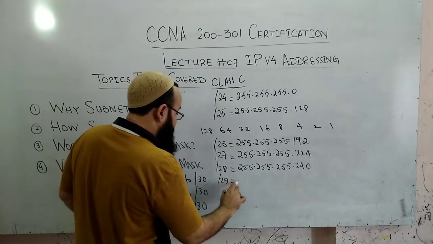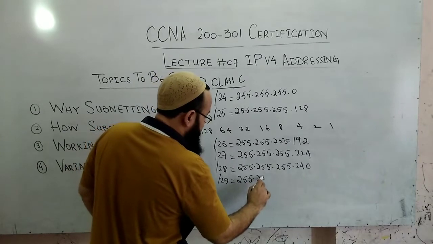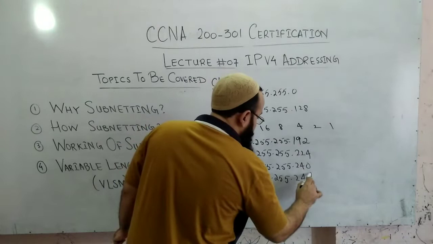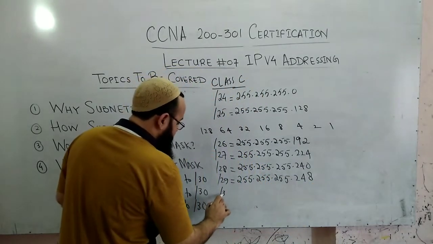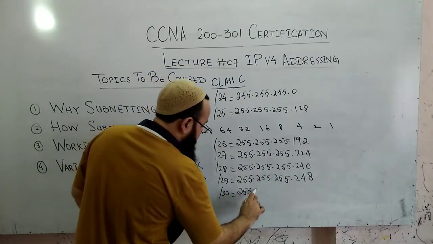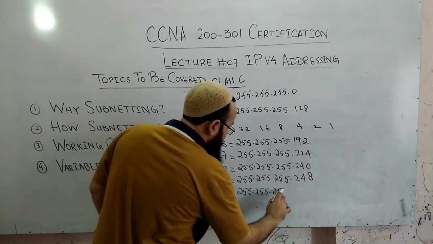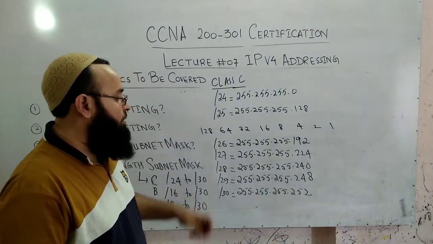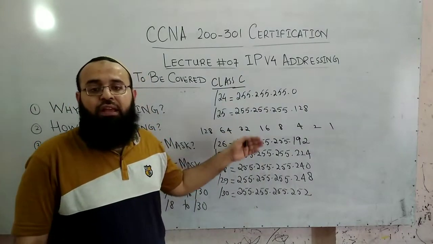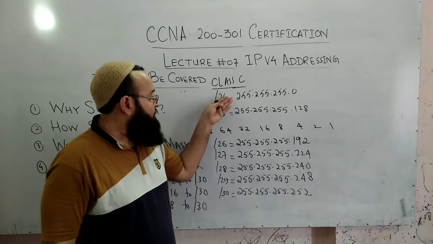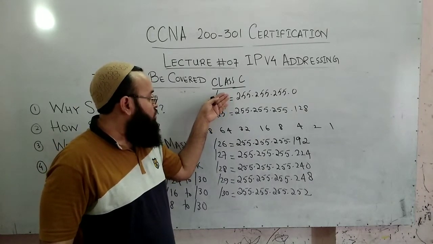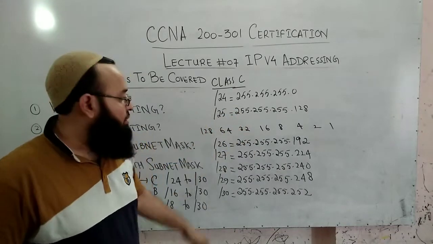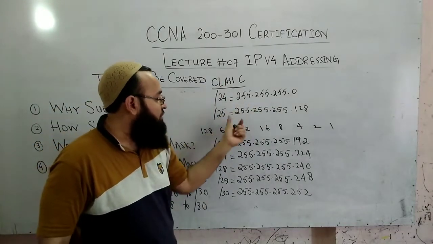Similarly, /29 is 255.255.255 and adding this 8 becomes 248, and /30 is basically 255.255.255 and finally 252. And I have told you earlier that /31 and /32 are not possible. This is the range of class C CIDR values, or the range for class C variable length subnet masks. Your subnet mask is varying in length.